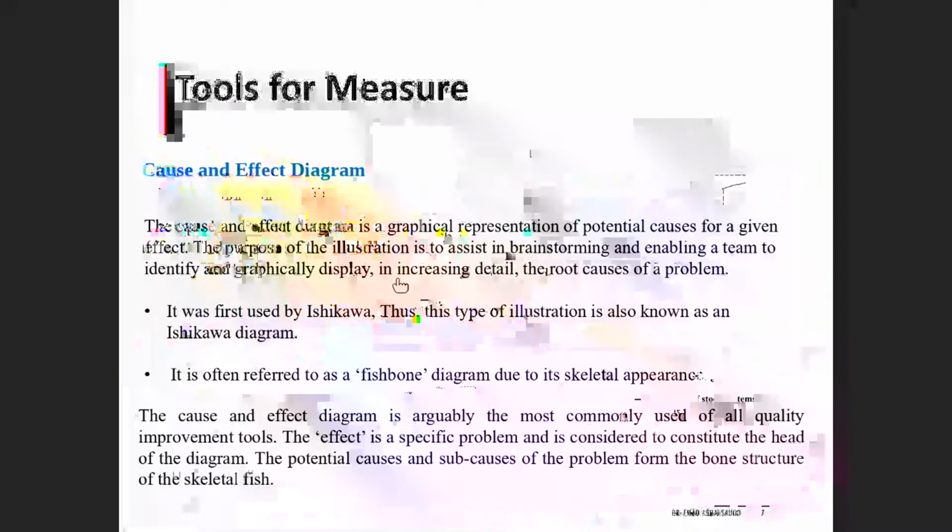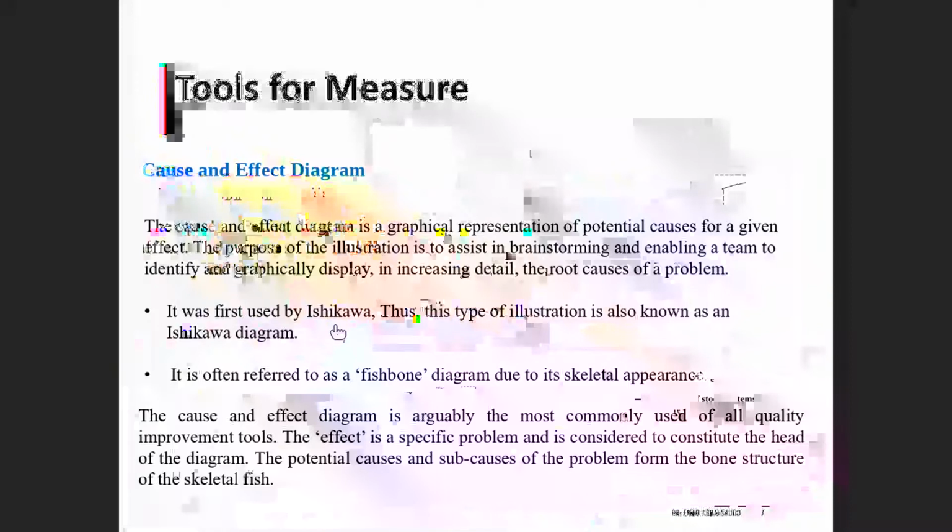In the cause and effect, you just collect all the types of causes and you demonstrate them graphically using a cause and effect diagram. They call it also Ishikawa, referring to the person who started this diagram.